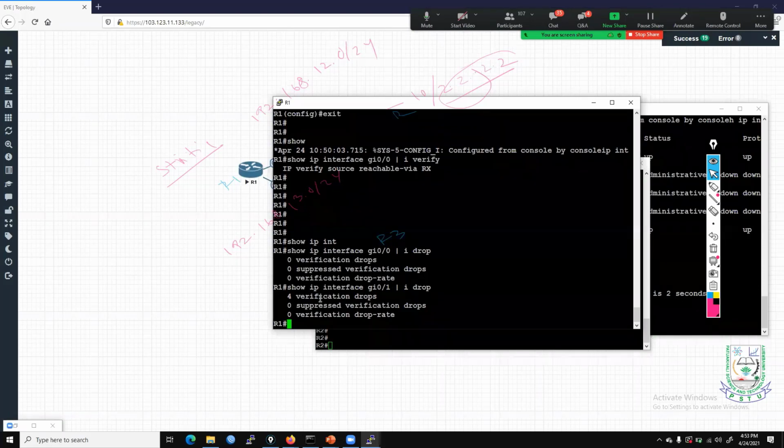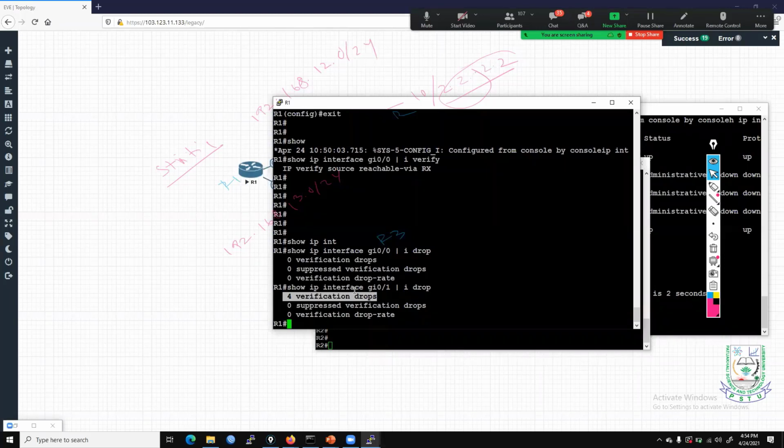Otherwise, it will drop, right? So on gig 0/1, it's dropping the packets because of the verification. That is actually the strict mode of URPF.